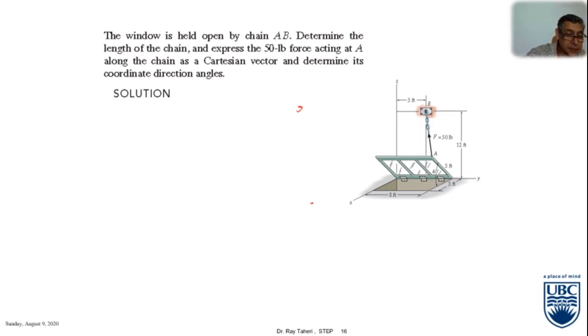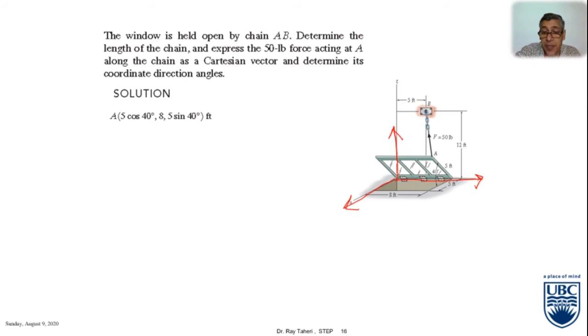Just going to erase these. There we go. So first, you have to find point A. Point A has obviously three components. It's in space, x, y, z. So the direction of x is here. This is x. This is y. And this is the z direction.